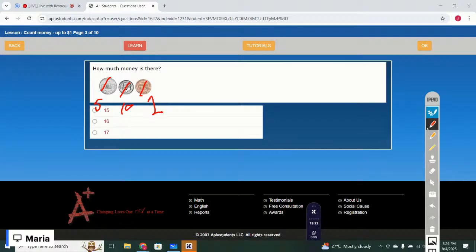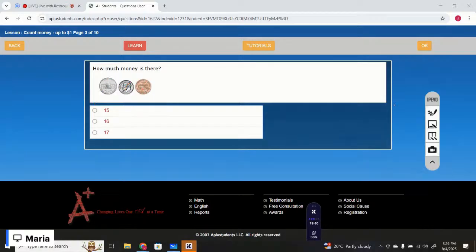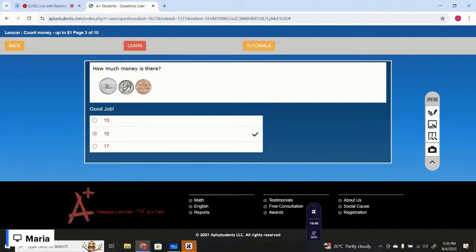So 10 plus 5 is 15 and 1 is 16. I think these coins are not from Canada. They are not Canadian coins. That is 16. Option number 2 is the correct option.